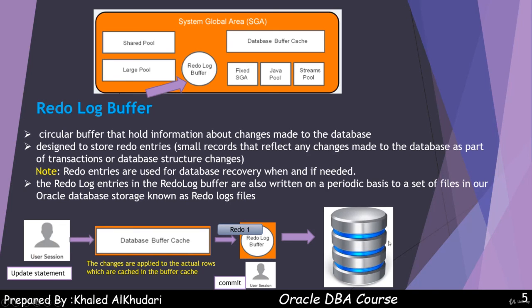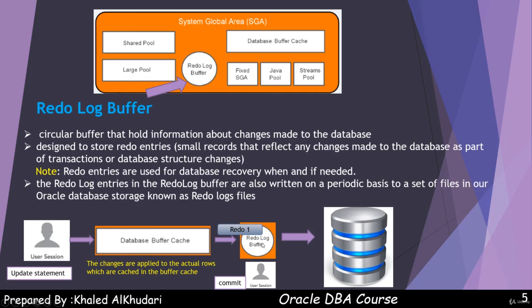But I don't understand. Why not take these changes directly from the database buffer cache? Why does Oracle make the changes in the database buffer cache and also write these changes in the redo log buffer? Because this area is only for the changes.